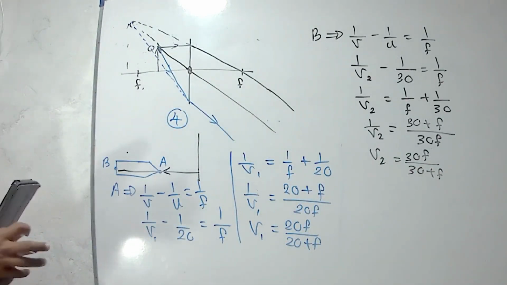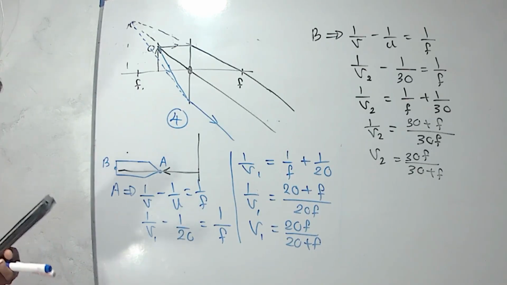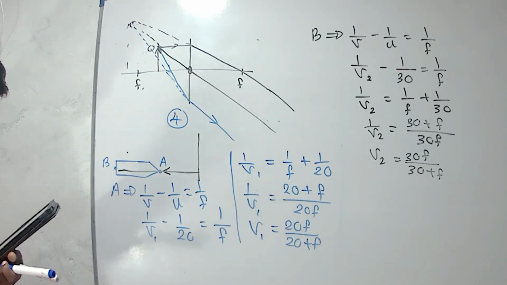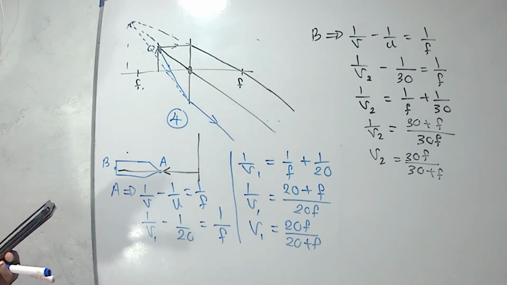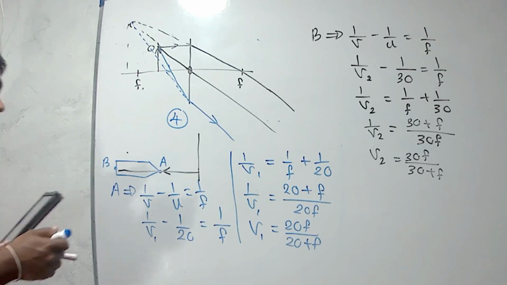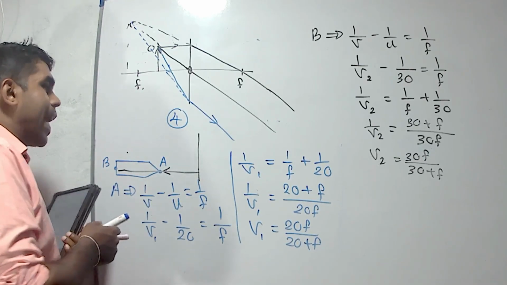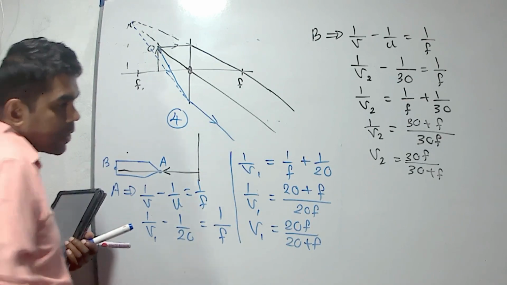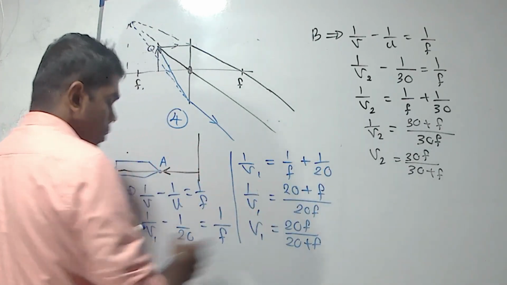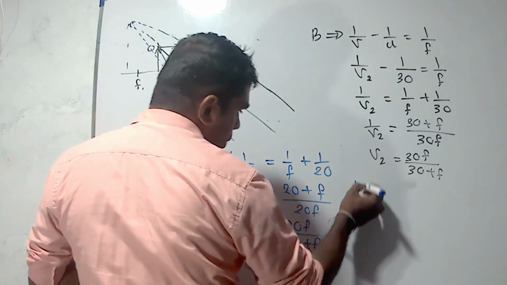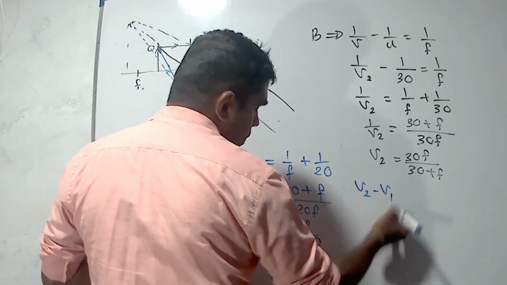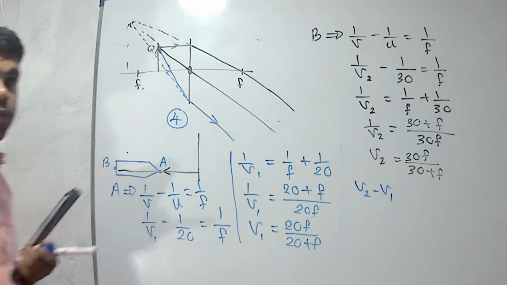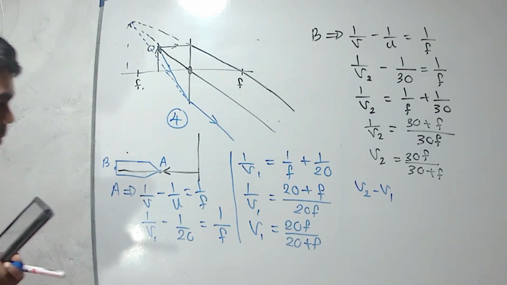Now we have to understand, they have given that the length of the image is equal to the length of the object. Therefore, we can obtain the length of the image by subtracting V1 from V2. V2 minus V1 is the length of the image of the pencil.